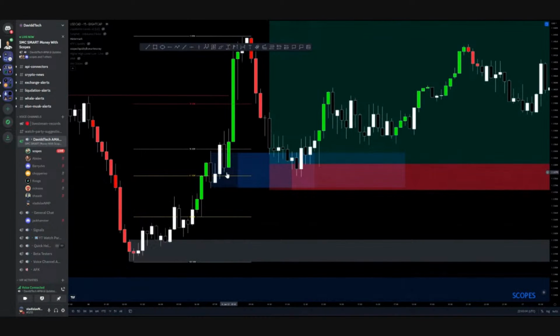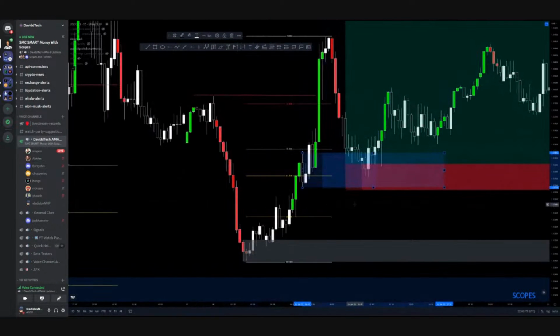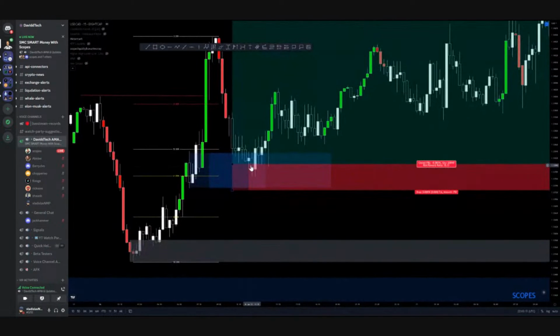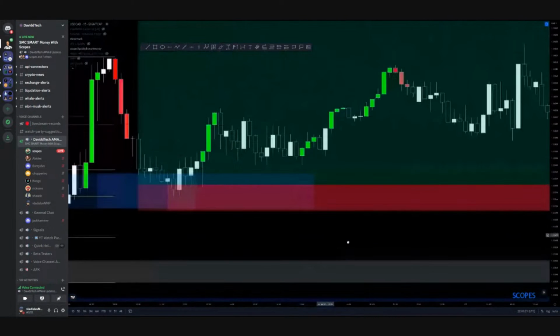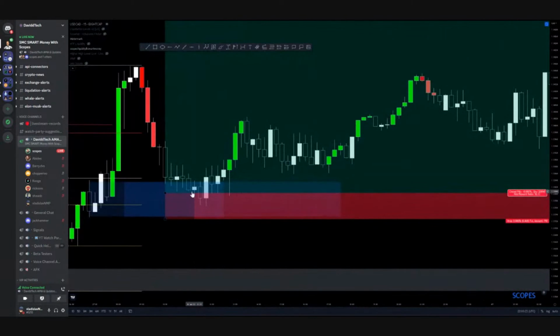If you would have taken this one, you would have probably been stopped out by just a bit. So that's why I chose this one. It was in there. I set my limit here. This wick when it came in didn't put me in the trade. This one did.